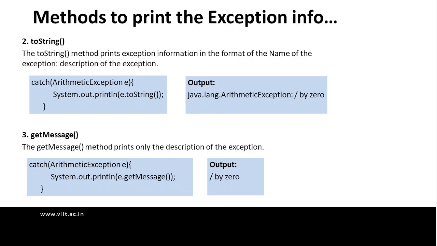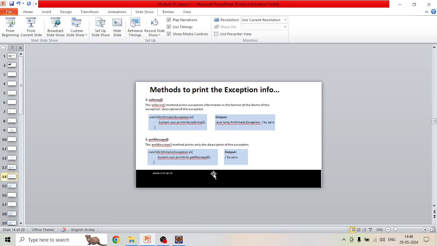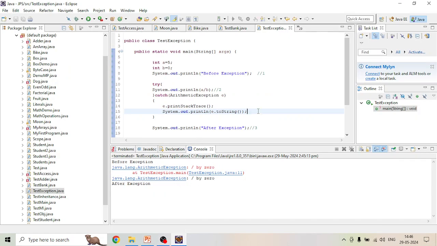The getMessage method prints only the description of the exception, so in catch ArithmeticException, System.out.println(e.getMessage()), and the output is divided by 0. So e.getMessage.